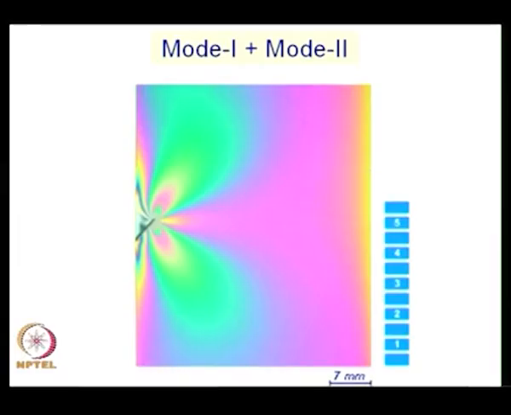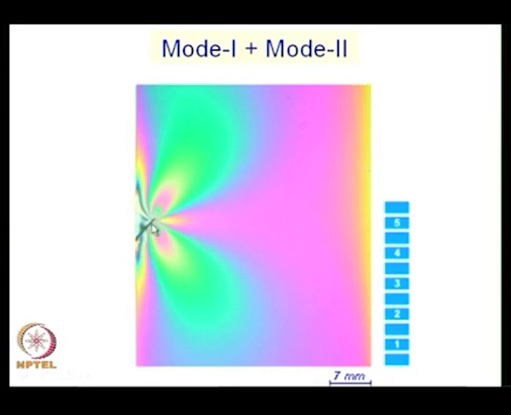This is very essential, and people have improved their analytical solutions by comparing them with photoelastic fringes. And photoelasticity can give you mode 1, mode 2 or a combination of mode 1 and mode 2. It cannot give you mode 3 fringes because that is out of plane.